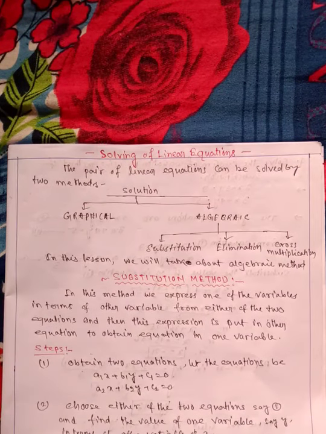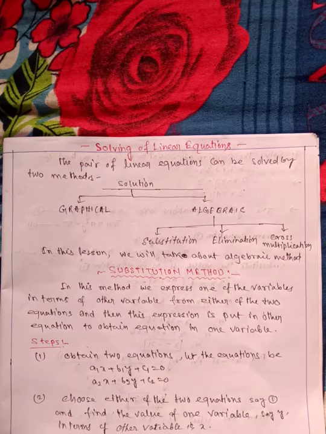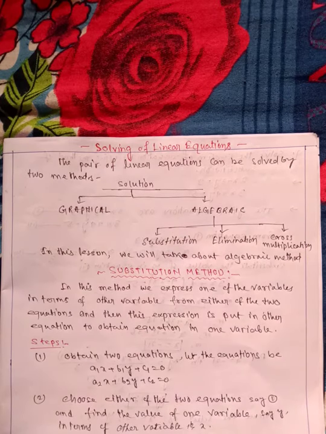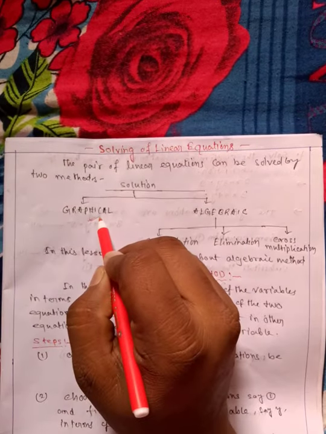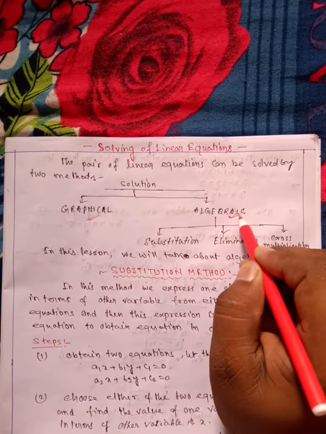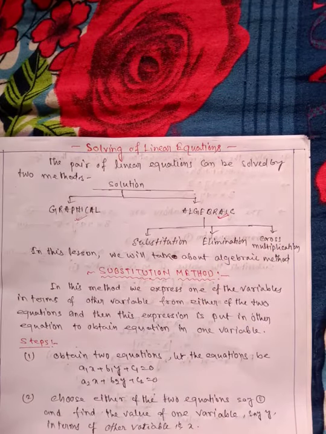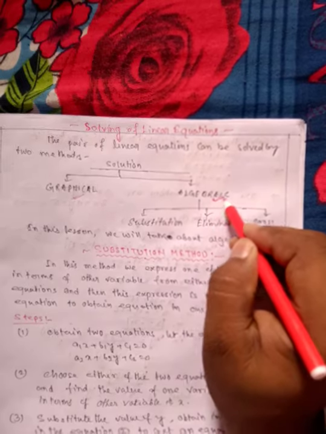So first we have to see the solution. What is a solution? A solution is a pair of values of x and y which satisfy both the linear equations. Now you can solve linear equations by two methods. One is the graphical method and another is the algebraic method. But today we are going to discuss the algebraic method.